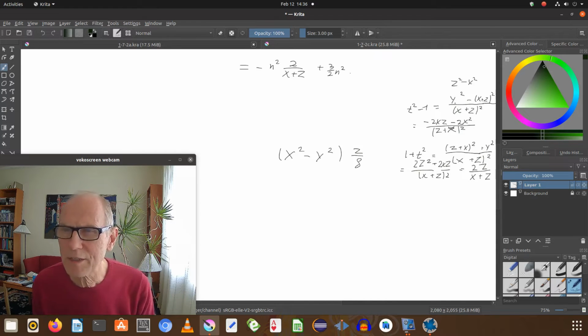So let's just check it. This gives z squared eats that one, so it's minus 2x squared minus or plus the double product. So it's minus 2x divided by z plus x.